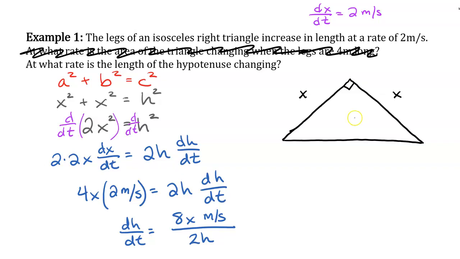If our isosceles right triangle has a leg of x, then by the formula of the Pythagorean theorem, that means that the hypotenuse will be the square root of 2x squared in length, or x square root of 2 in length. So we can actually substitute our h for that in mind.